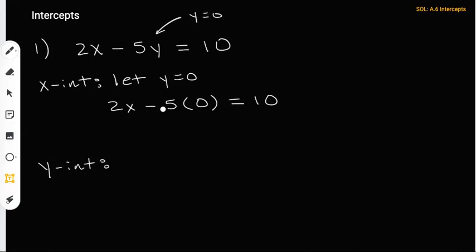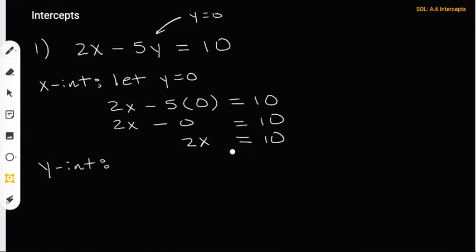So what is negative 5 times 0? That's going to be 0. So I get 2x minus 0 equals 10. So the minus 0, you can pretend like it doesn't exist. So you're only left with a 2x on the left side.